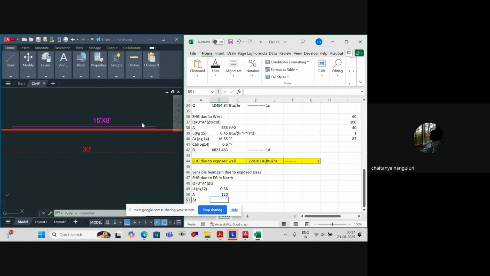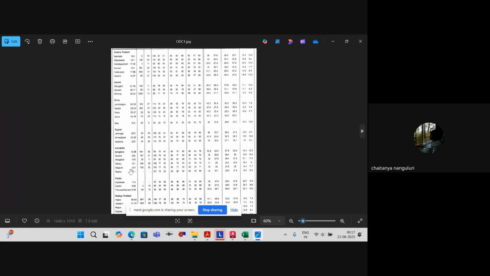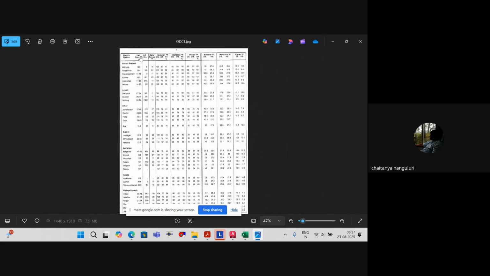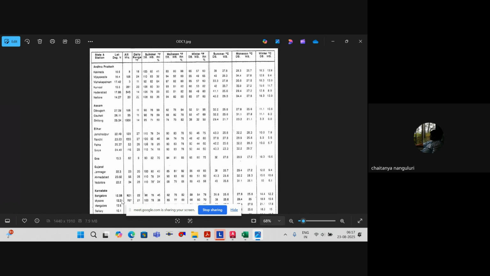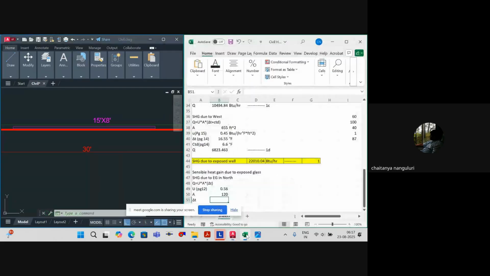Then you've got delta T, that is the equivalent temperature difference. For that, we have to understand our angle of incidence. For Bangalore conditions, what is the latitude? It is around 12.58. You agree? 12.58 is the latitude for Bangalore. Considering that as the latitude, we have to choose our delta T value.